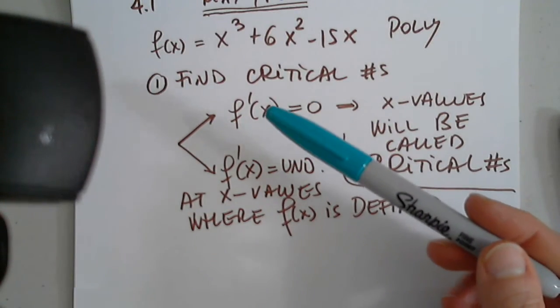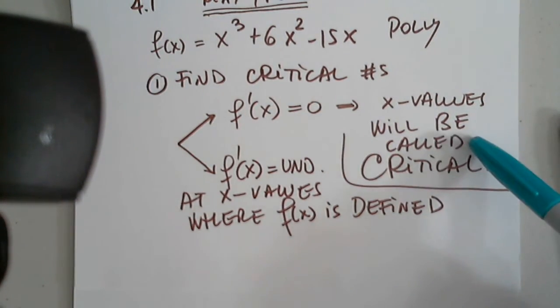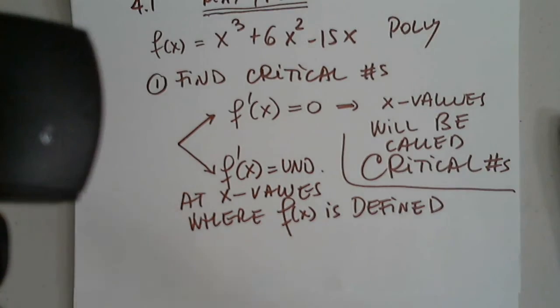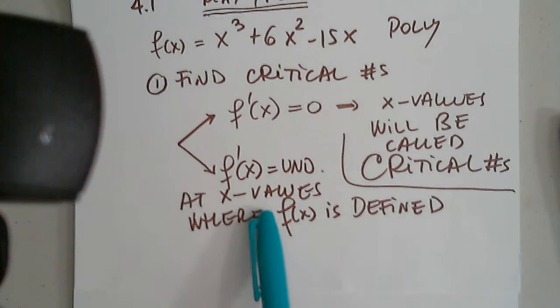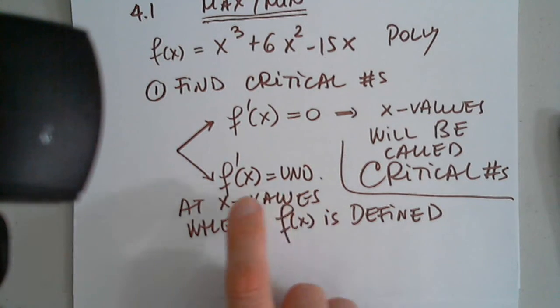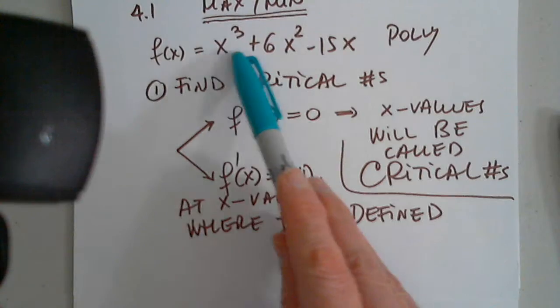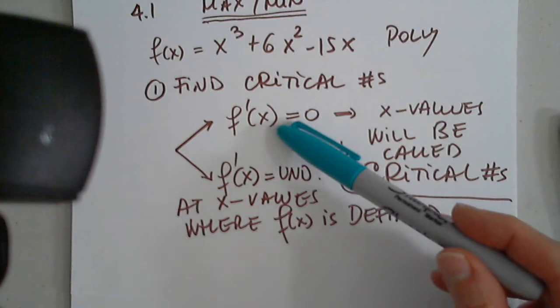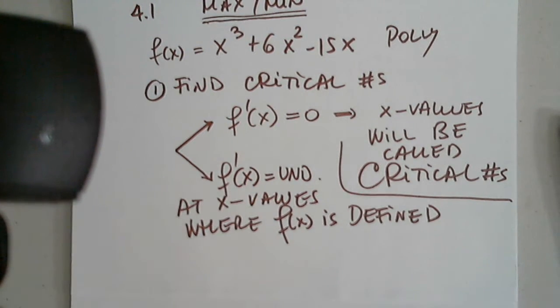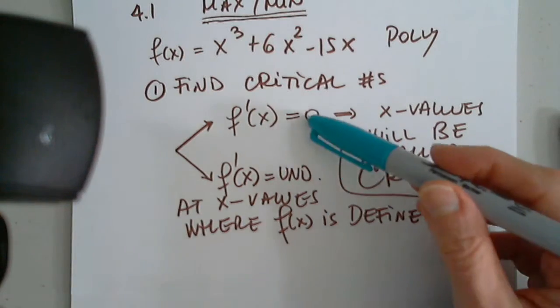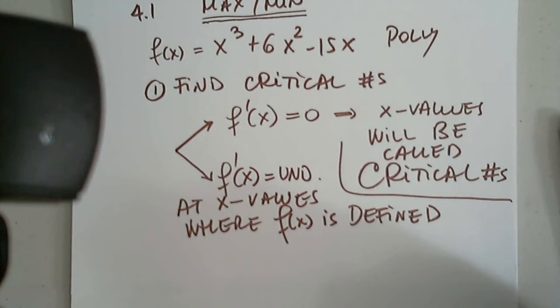If this equation does not have solutions, the function is not necessarily void of critical numbers. I have to check the second option. If f prime is always defined, never undefined, then I will say this function has no critical numbers because I didn't find any solutions to this equation, and the first derivative is always defined. A function can have critical numbers coming from both sources, from none, or one or the other.